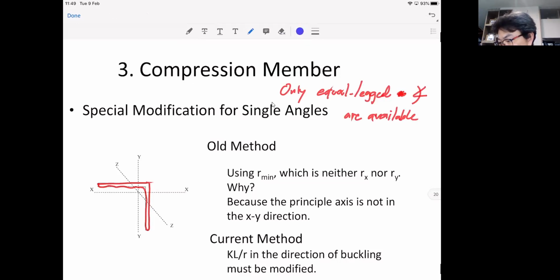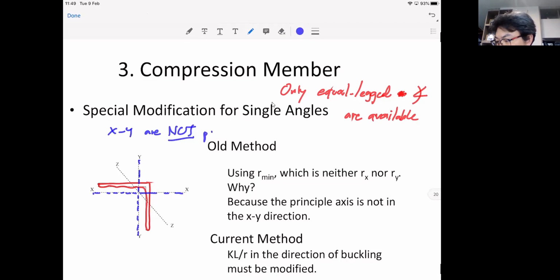Now, for the angle, generally this X and Y axes are not the principal axis. So I have mentioned before that the principal axis will contain the maximum and therefore the minimum value.